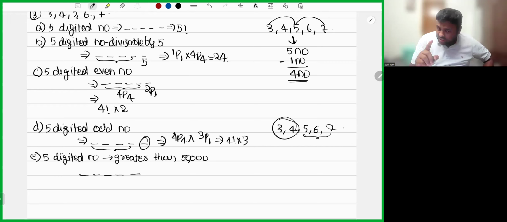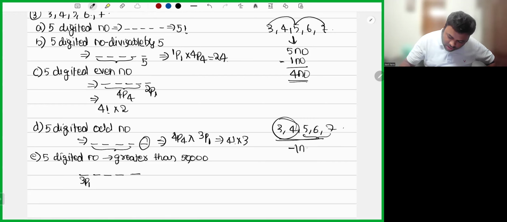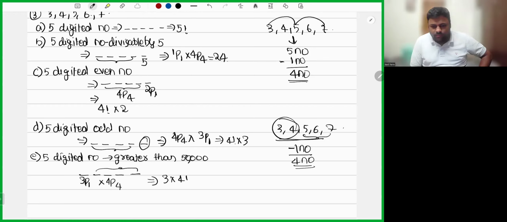Yes. From 3 numbers, any one number can be kept in first place. So from 5 numbers, one number has taken its position. So 4 numbers are left. 4 numbers can be kept in 4 places in 4P4. So the answer is 3 into 4 factorial.